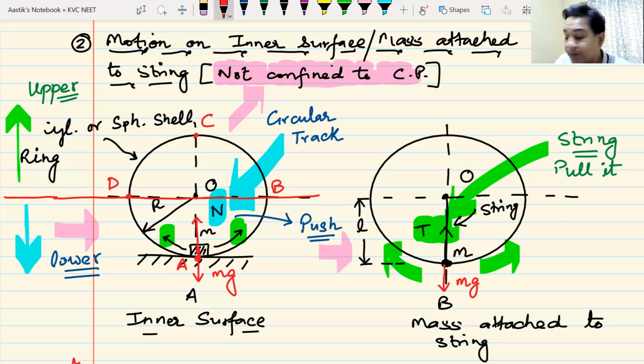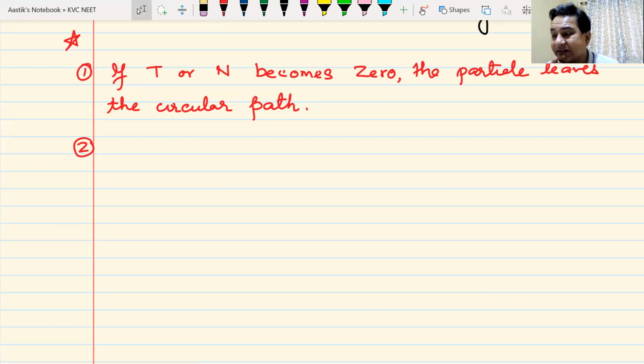Now we were talking about point number one. We have discussed that if T or N becomes 0, the particle leaves the circular path. Done and dusted. Now I ask you, I have seen two halves, lower half and upper half. Where do you think, using common sense, no physics, that this T or N can become 0?